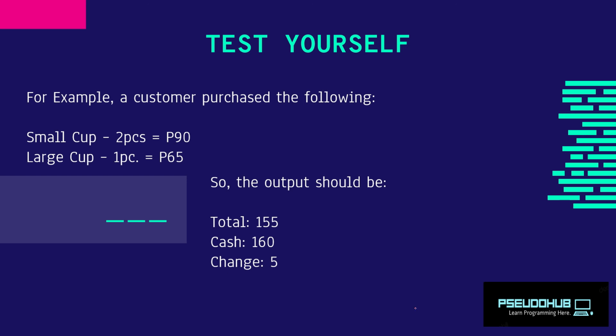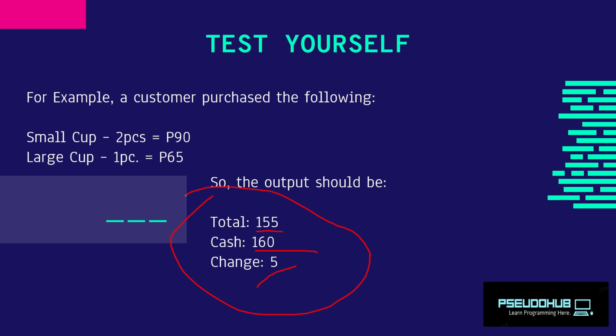So the output should be i-total ang 90 ug ang 65, the total is 155. Ang cash niya, for example, nagbayad siya og 160, ang kambyo kay 5. Ingon ani dapat ang output sa imong algorithm. The total based sa kung unsa nga cup ang gipalit and pila ka buok ang gipalit, and then ang user input for a cash and then the change.